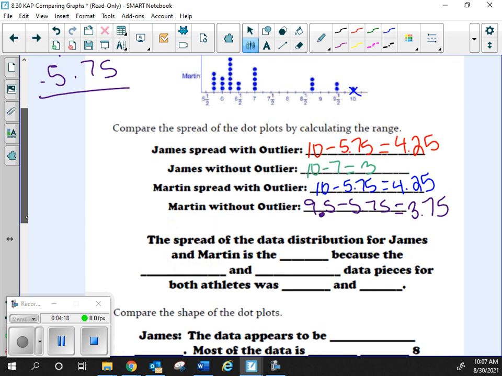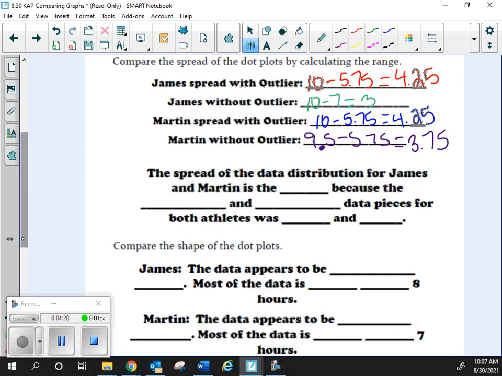Awesome. All right, so let's just fill in some spaces. It's talking about the spread of the data distribution for James and Martin. Again, let's look at the ones where they included the outlier. What can we say about the spread of both of them?